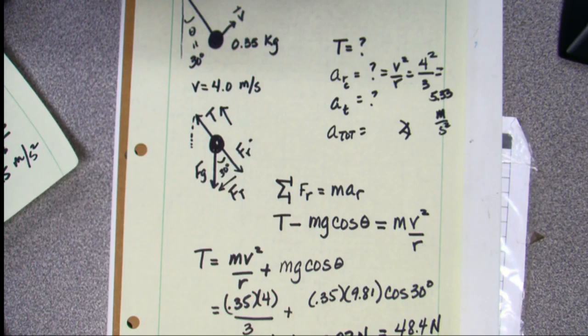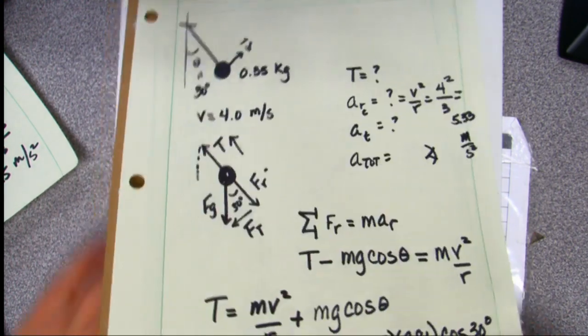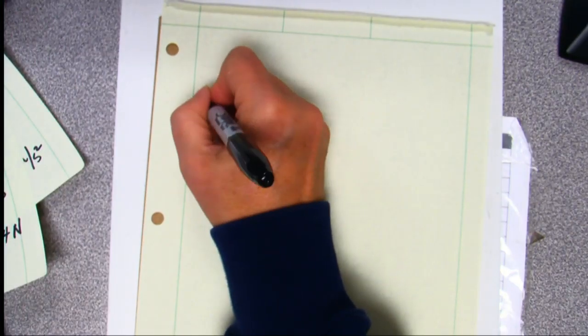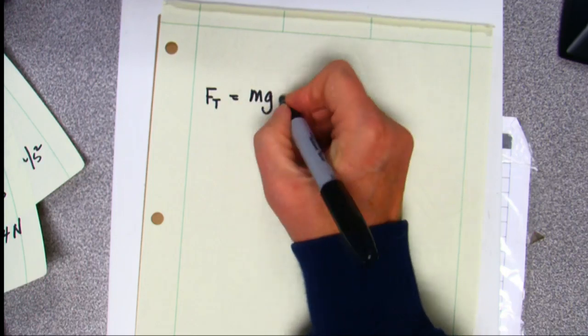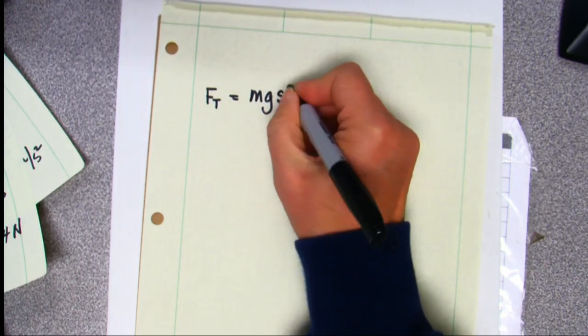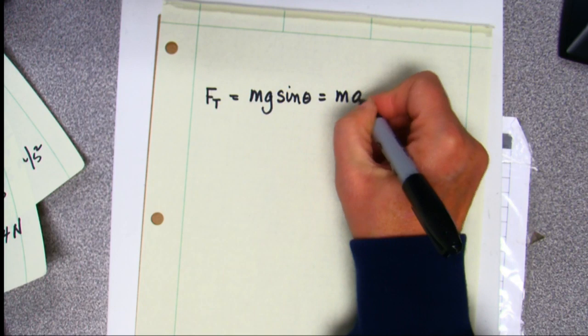So now if I want to find the acceleration tangential, I've got to do my tangential forces. So force tangential is going to be mg sine of the angle, which is going to equal m a tangential.